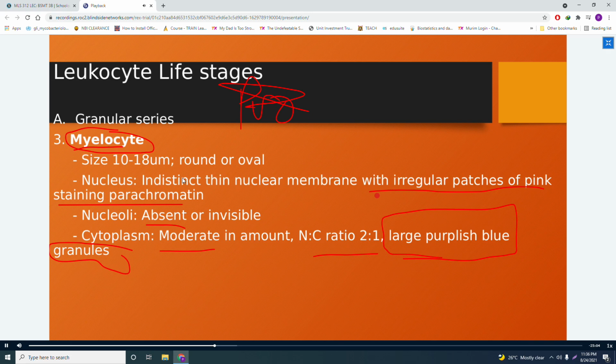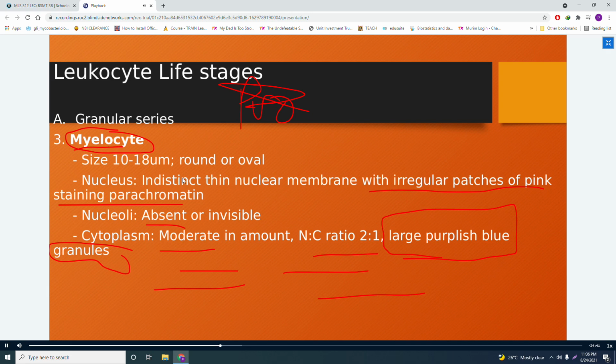Myelocyte has a nucleus with irregular patches of pink staining parachromatin. Your myelocyte also has a cytoplasm with large purplish blue granules. So if you have your handouts, you can underline those keywords para madali silang tandaan. Okay, let's go to your next slide.